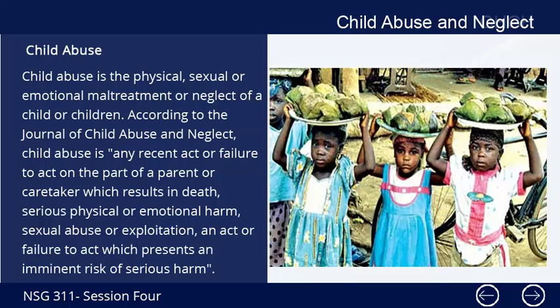Child abuse is defined as a physical or mental injury, sexual abuse or exploitation, negligent treatment, or maltreatment of a child by somebody who is responsible for the child's health and welfare.